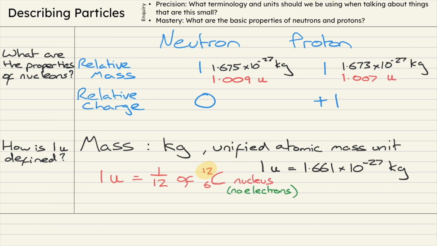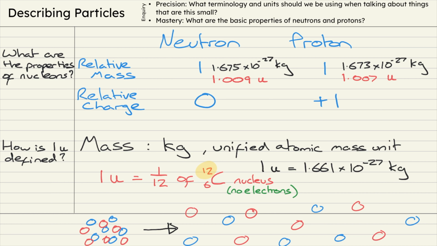Now that still doesn't explain why 1 U is smaller than either a neutron or a proton, and for that we need to go to A2 physics and Einstein's work. So you don't need to know this now, but basically, if you take a carbon-12 nucleus and you separate all the neutrons and protons, it requires energy.